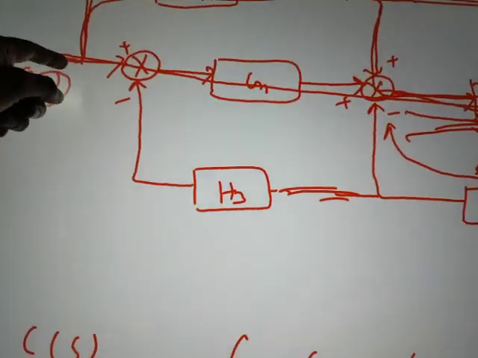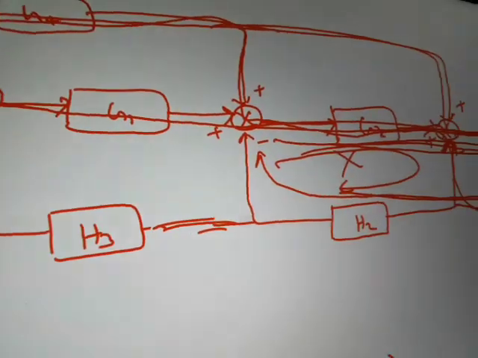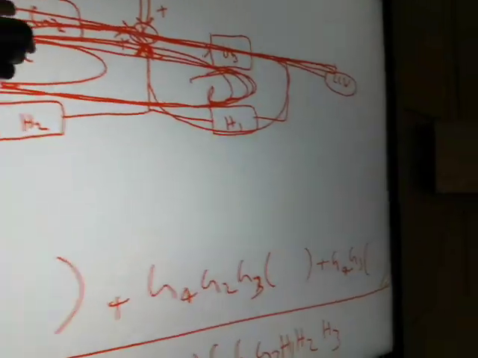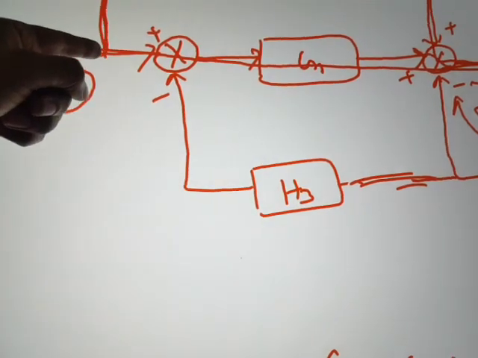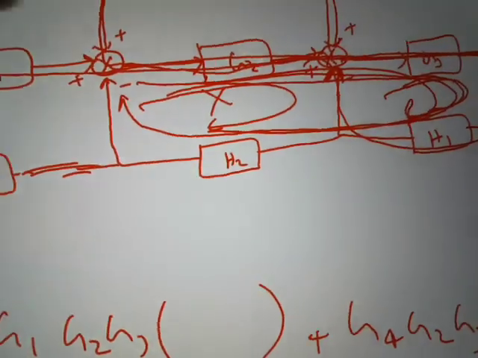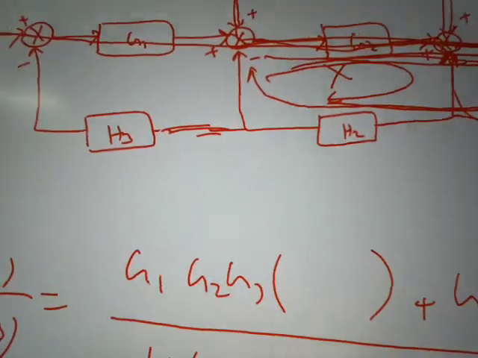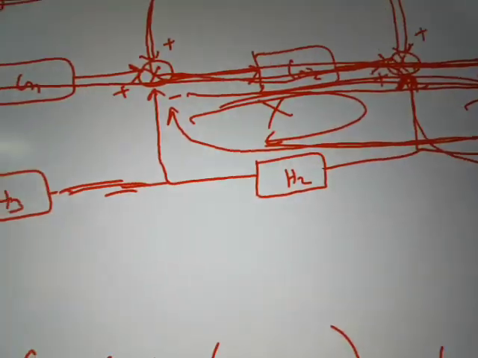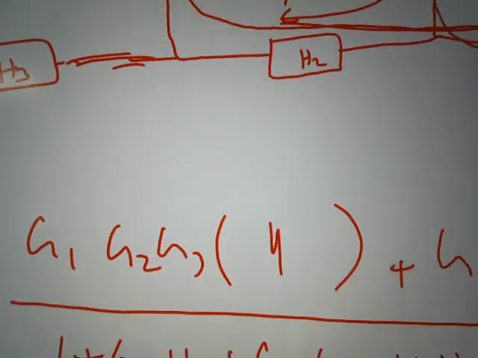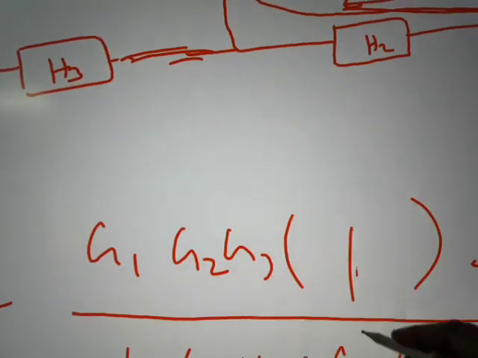Any other loop for this forward path? Like no other loop. So for this forward path all loops are touching, so del k will be 1.